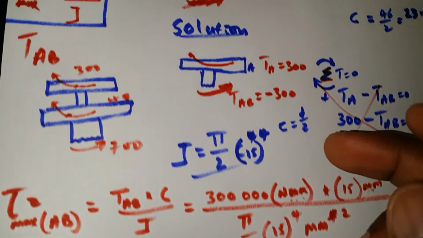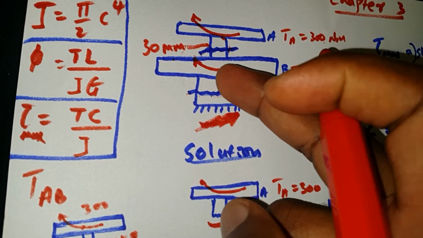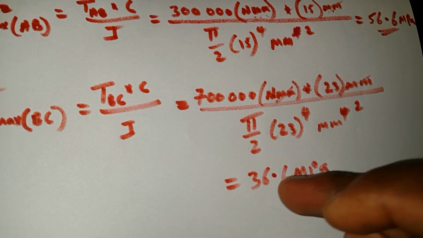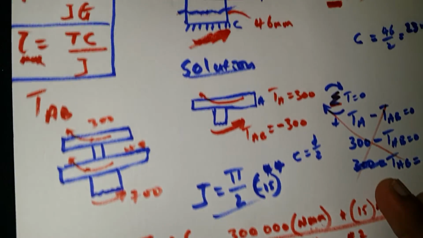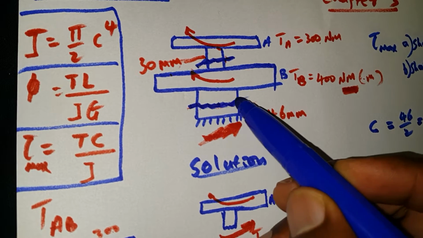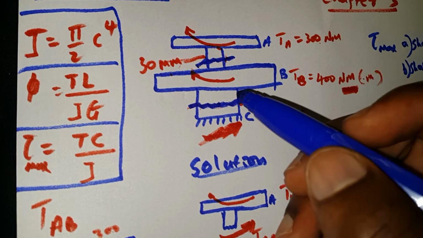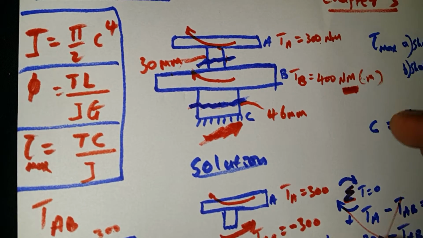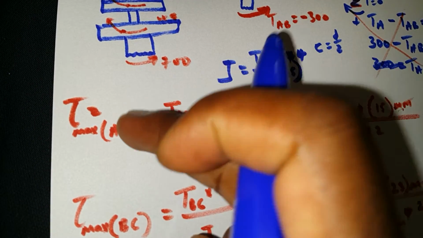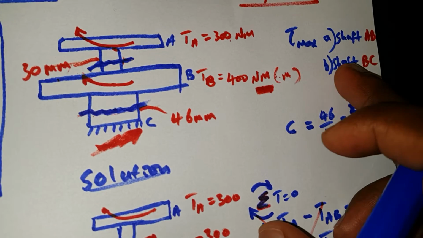So if the rotation exceeds this 36.6, this member here will cut off, it will break. So now we have our maximum shear stress in these two, shafts BC and AB, which is what we are asked to find.